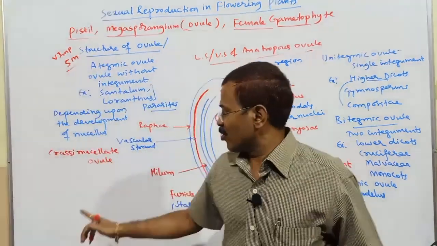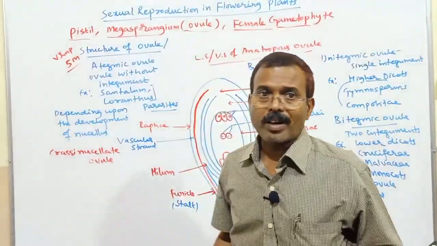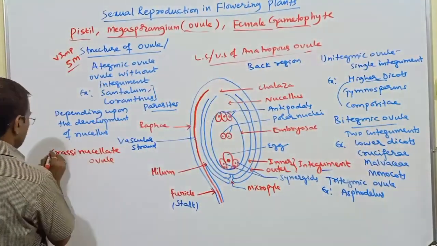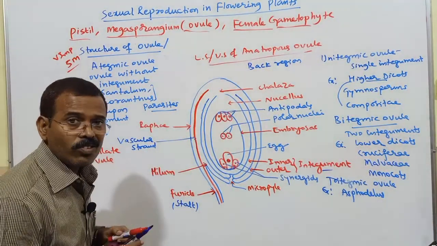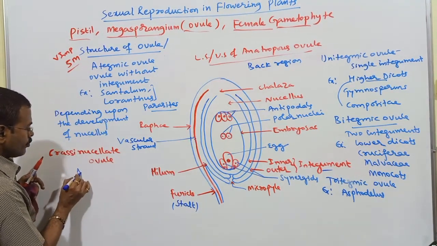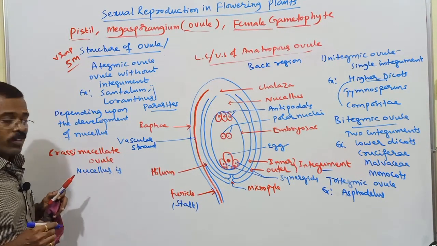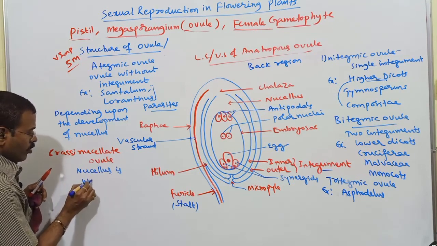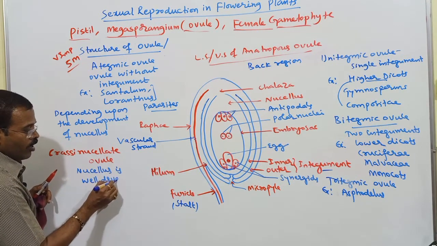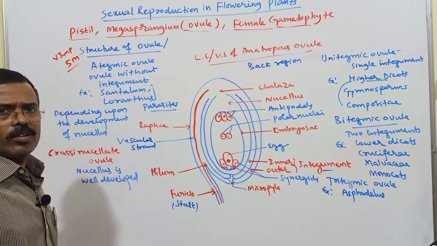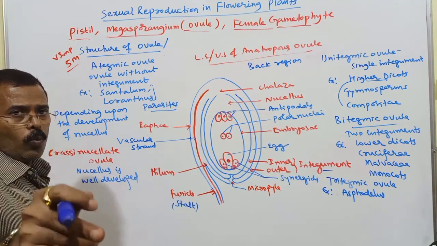One is the crassinucellate ovule. In a crassinucellate ovule, the nucellus is well developed.